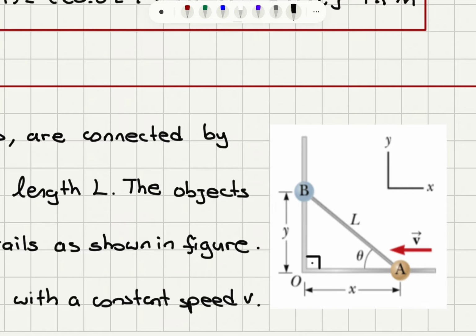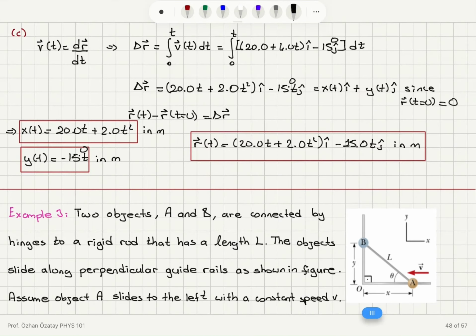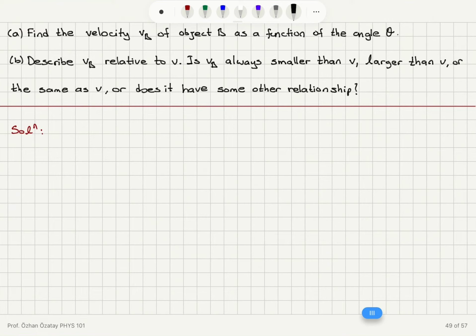Object A is moving with a constant speed v towards the origin on the x-axis, and B can only move on the y-axis. Find the velocity of object B as a function of angle theta. Describe v_B relative to v. Is v_B always smaller, larger, or the same as v? Does it have some other relationship?